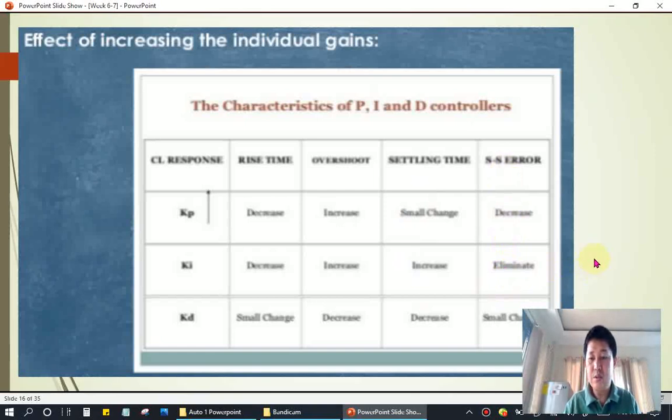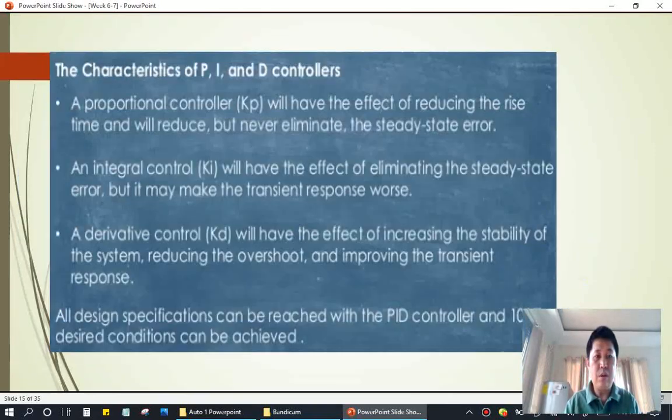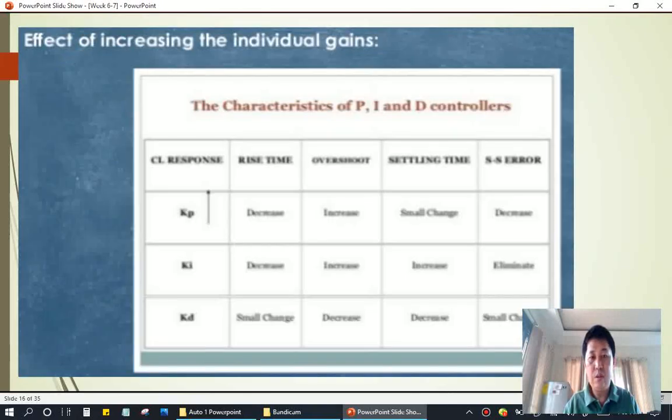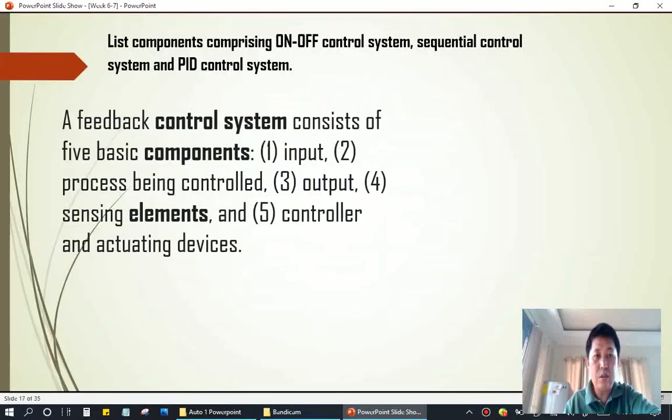So for D, which is derivative control, rise time small change, overshoot decrease, settling time decrease, and steady-state error is small change. So those are the characteristics of the PID controllers.